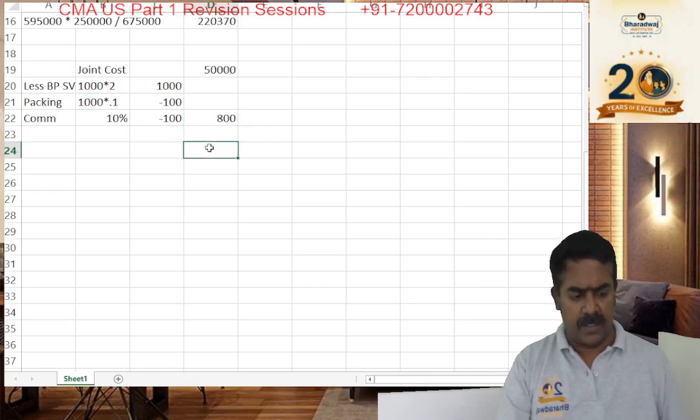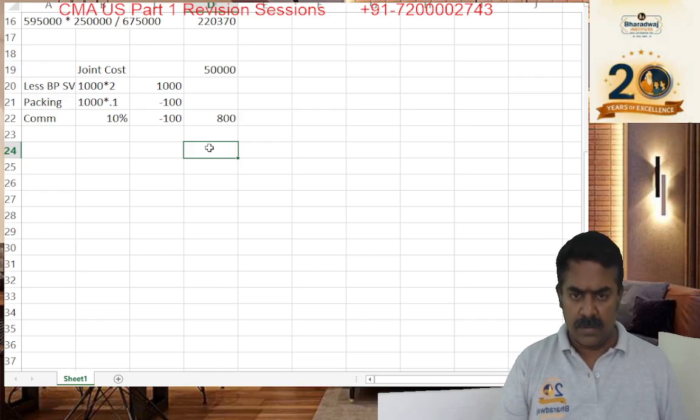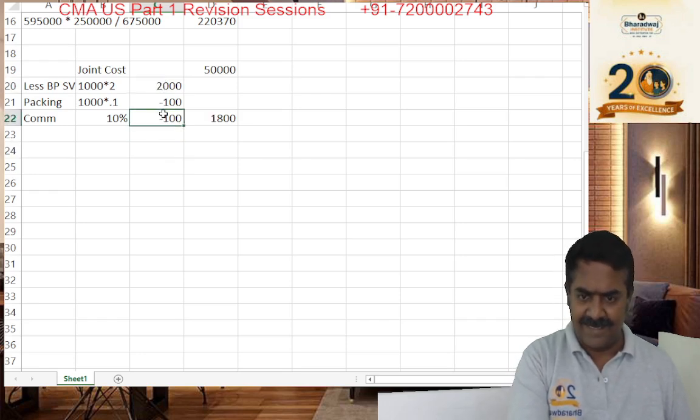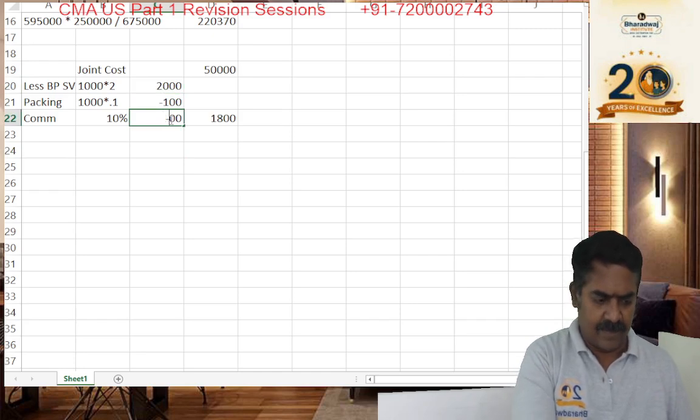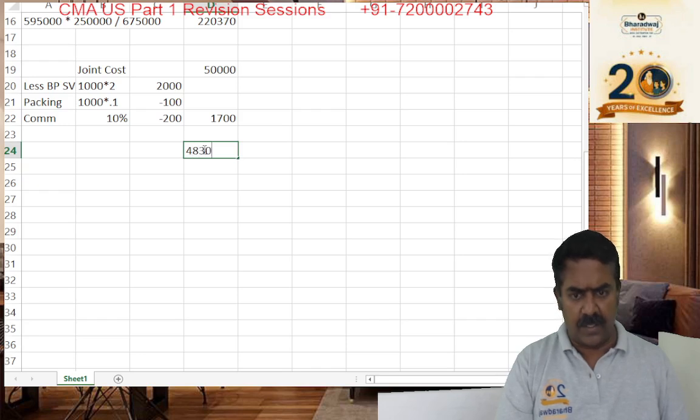So to be allocated how much? 2,000 with 10% included, 200. Balance 48,300 to be allocated.